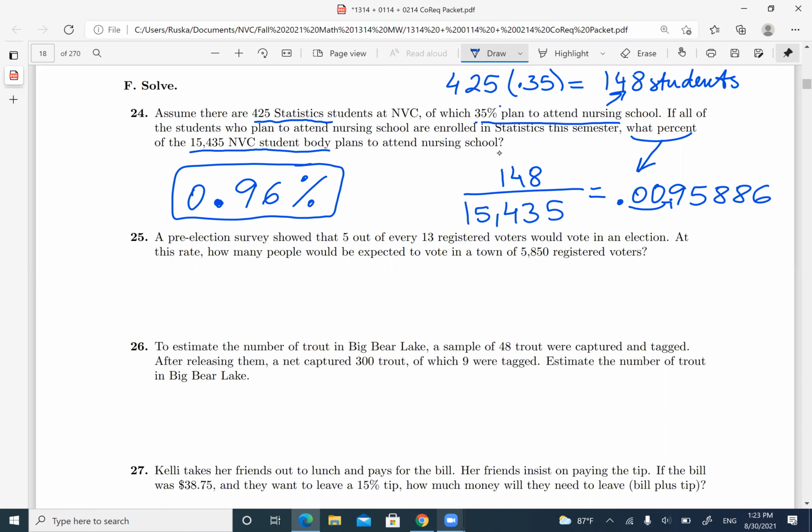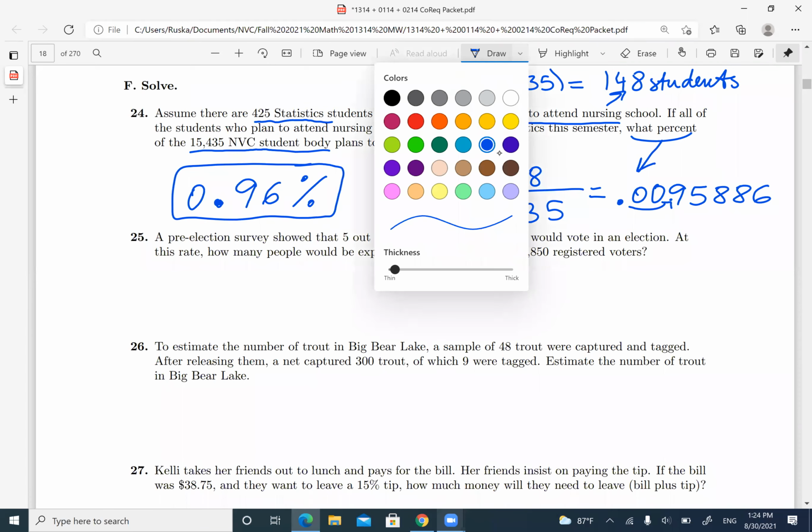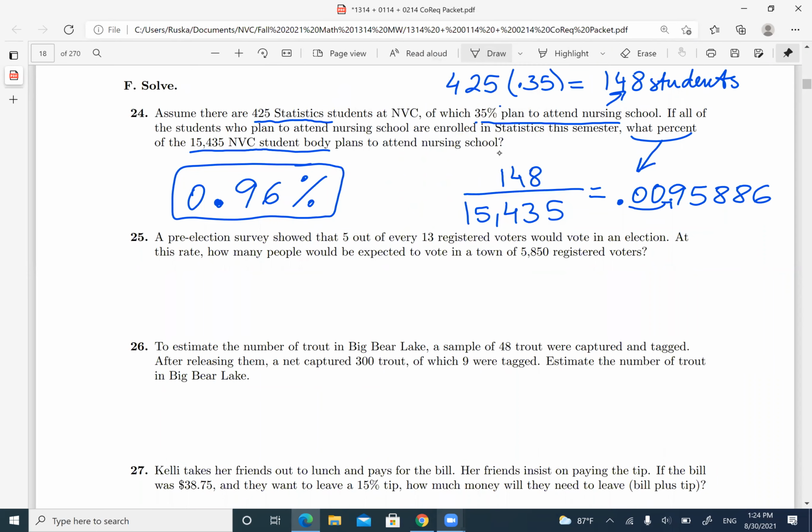So how are you going to set up this? The question is, how many people are expected to vote?